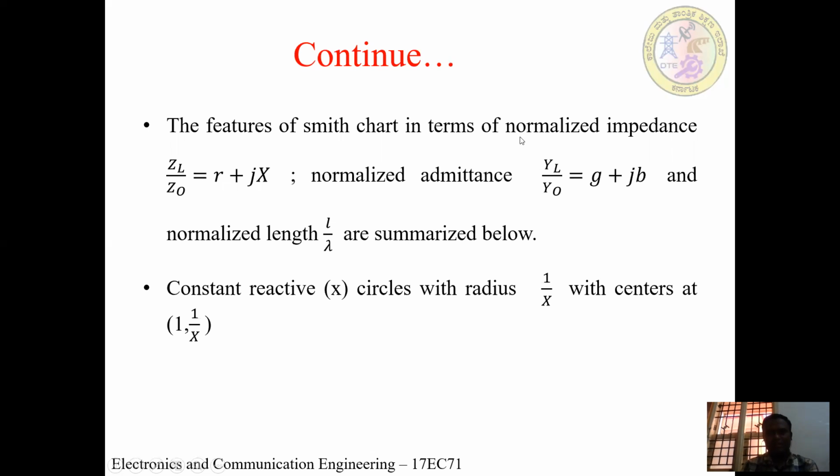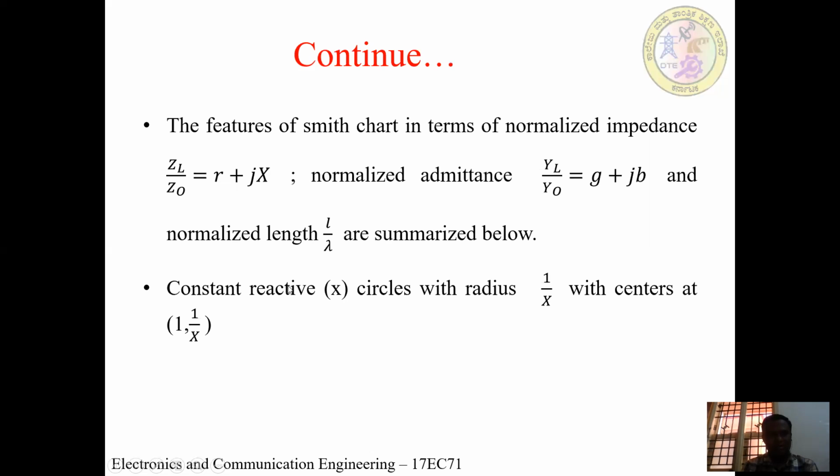The layers of the Smith chart in terms of normalized impedance ZL by Z0, normalized admittance YL by Y0, and normalized length L divided by lambda are summarized as below. Here, X is the reactive part and R is the real part, the resistance part.